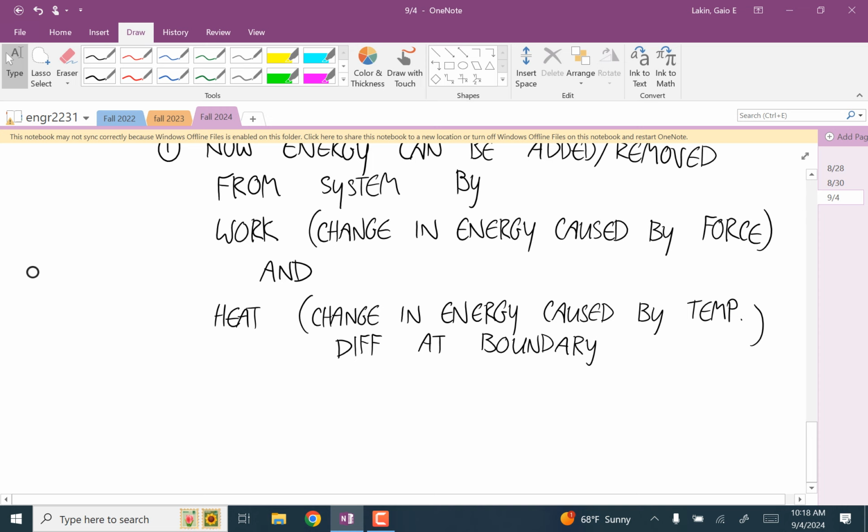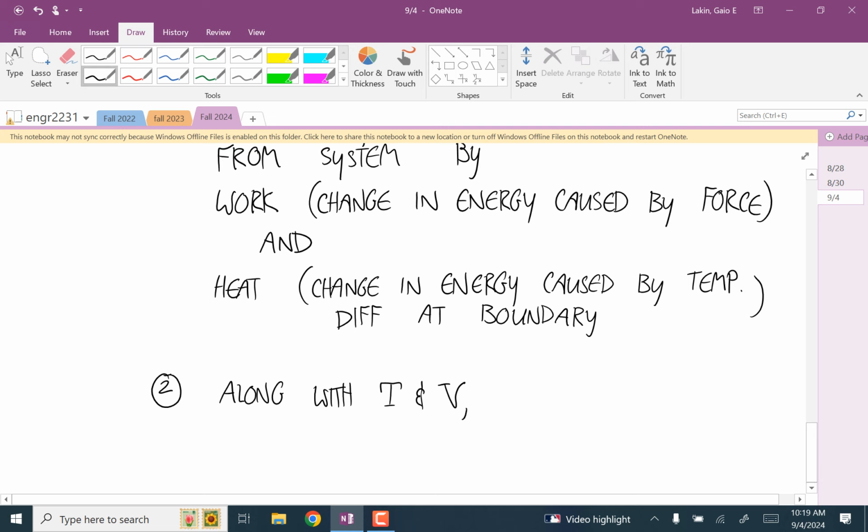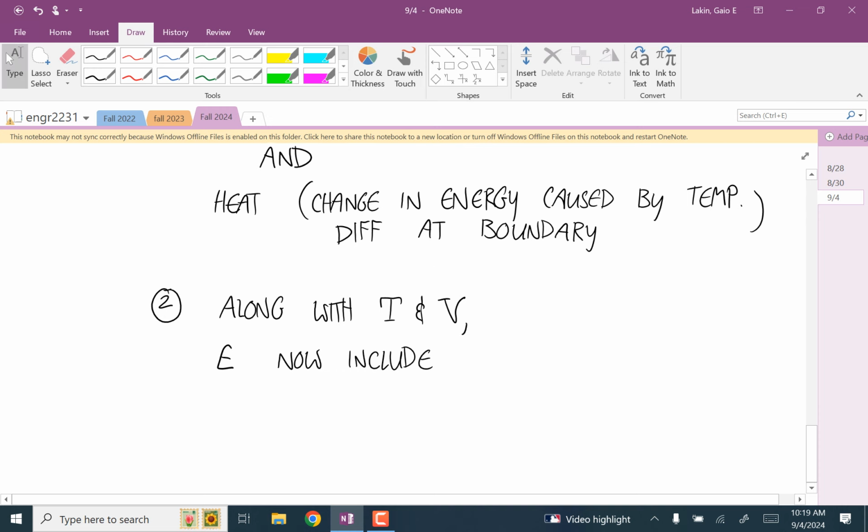And the second way thermal energy changes this is, along with the kinetic energy and the potential energy, E will now include internal energy.